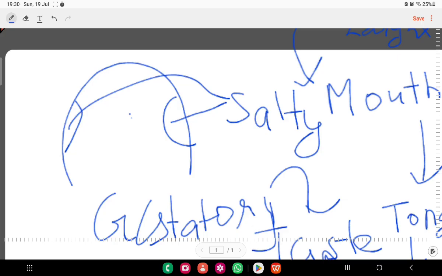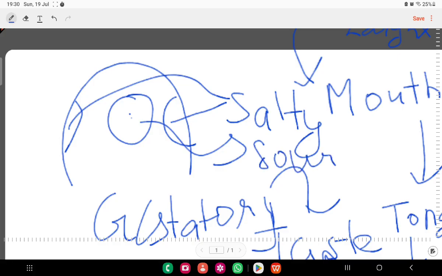After that, in the middle section right here, we got sour. If you are eating pickles and put it in front of your mouth, nothing will happen. But if you put it in the center of your tongue, then you will taste the sour. Then this part right here, we got the sweet part.